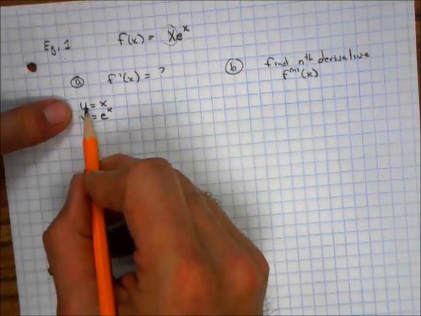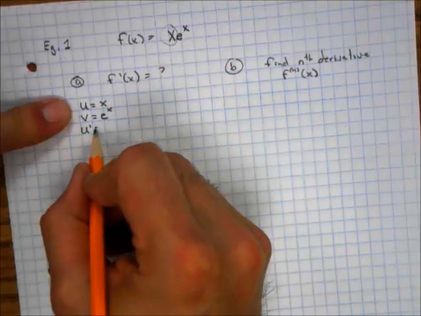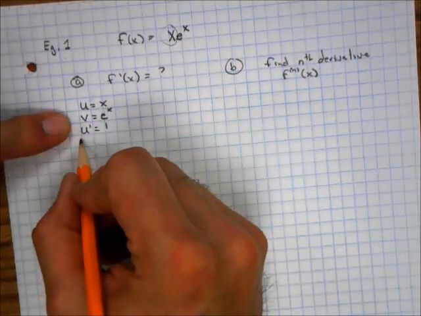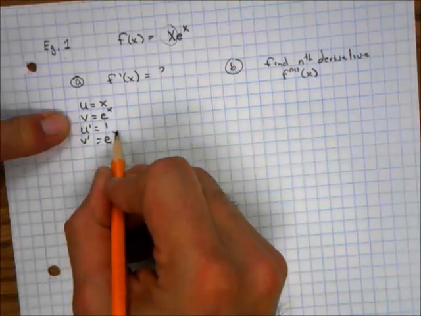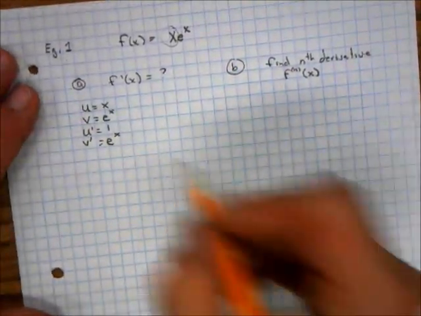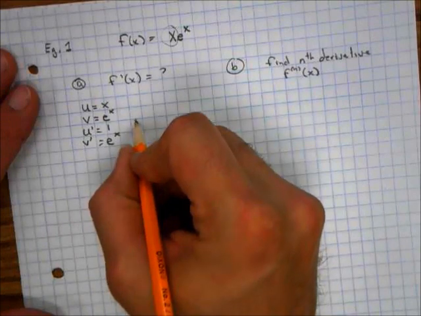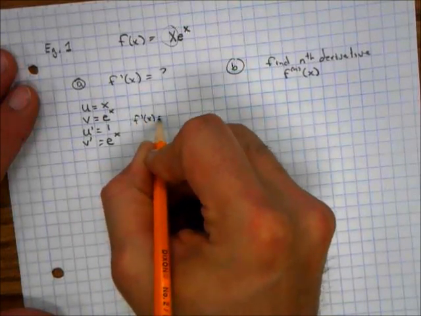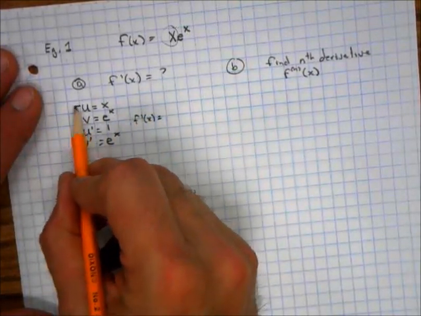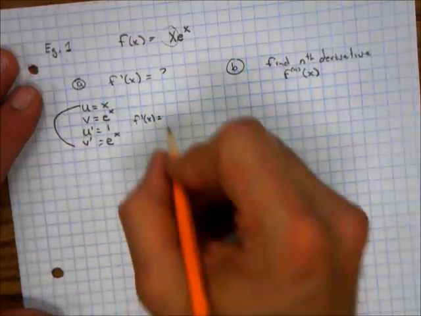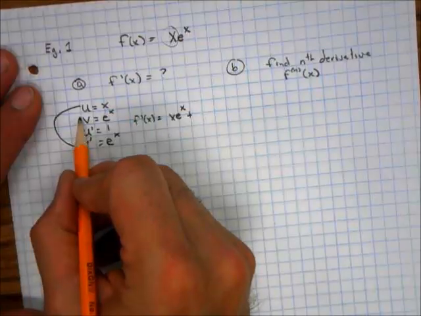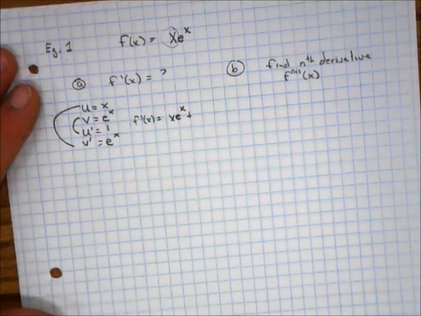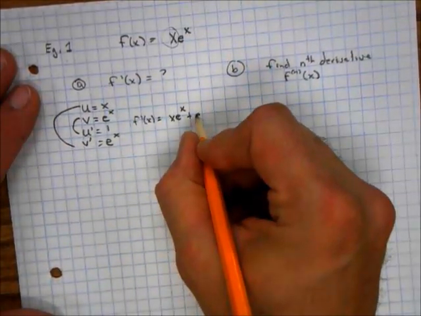Okay, now the derivative of u is 1. What's the derivative of v? e to the x itself. Okay, then f prime of x is equal to u v prime, x e to the x, plus v u prime, e to the x.